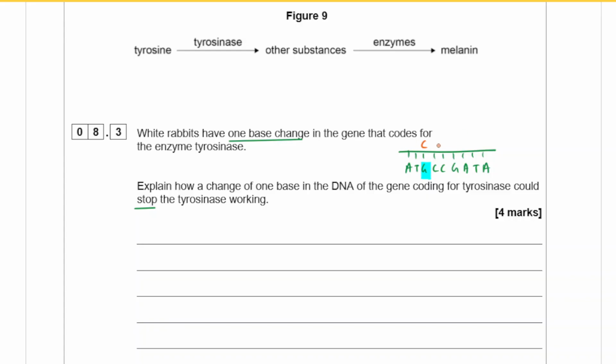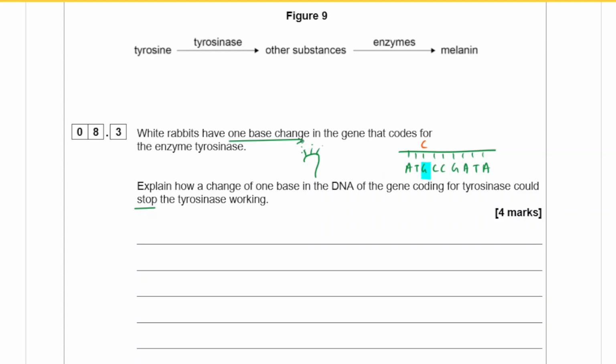Now, this relates to the triplet code of bases, which links to the transfer RNA carrying a specific amino acid, right? So the transfer RNA has three bases that need to be the opposite of each of these.